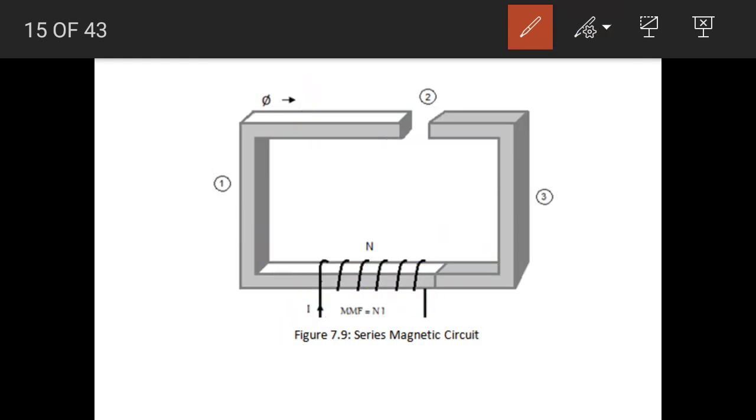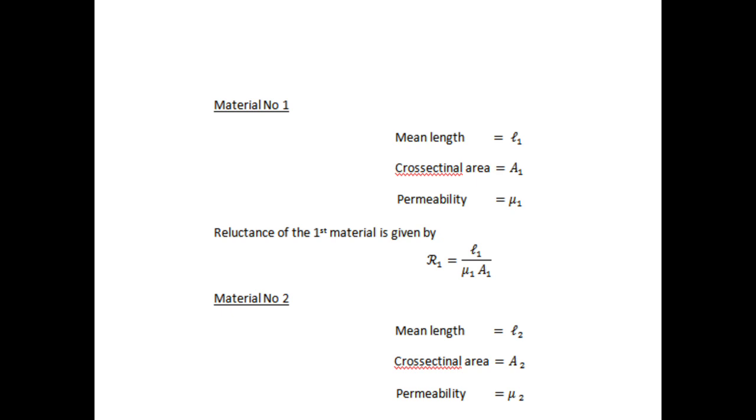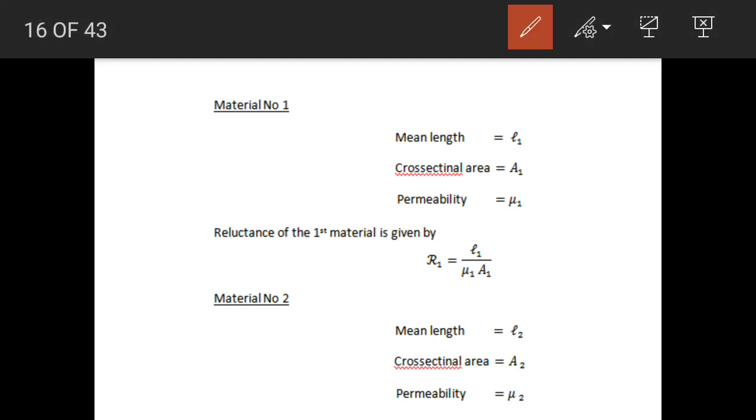So we consider material number 1. The mean length of material number 1 is L1, the cross-sectional area is A1, and the permeability is mu1. So the reluctance of the first material is equal to L1 over mu1 A1. We consider material number 2, which is the air gap.